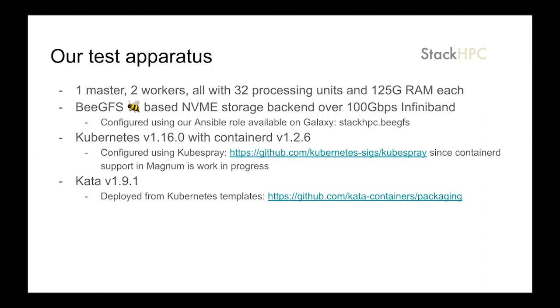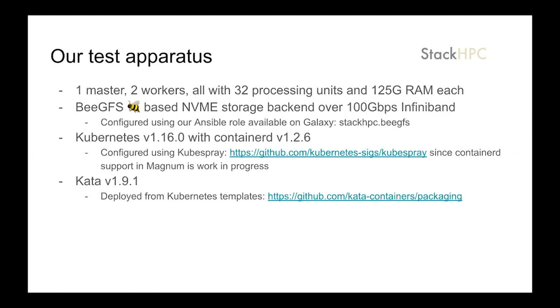And this is our test apparatus. So basically, we had a Kubernetes master node and 2 worker nodes, all with 32 CPUs and 125 gigs of RAM. The parallel file system we deployed was BeeGFS, with an NVMe storage backend over 100 gig InfiniBand.